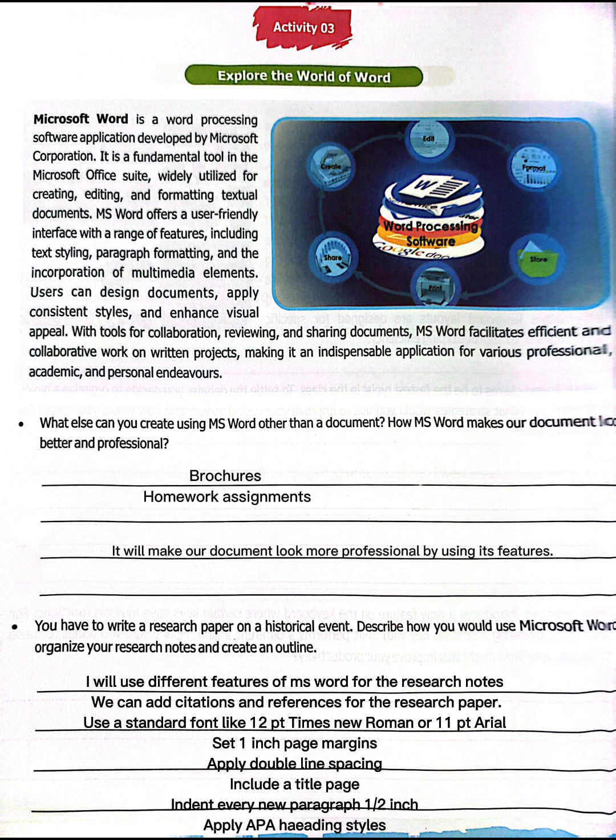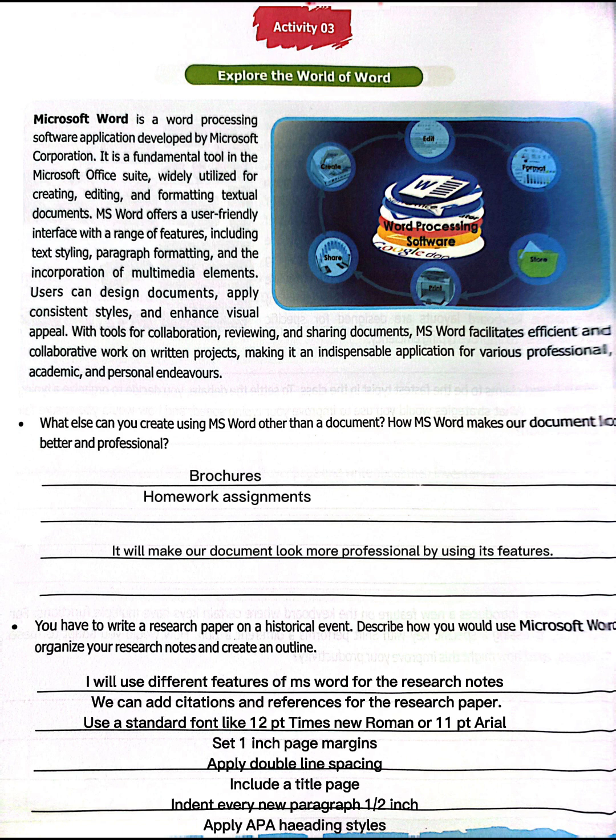The next question is, you have to write a research paper on a historical event. Describe how you would use MS Word to organize your research notes and create an outline. I will use different features of MS Word for the research notes or research paper. We can add citations and references for the research paper.